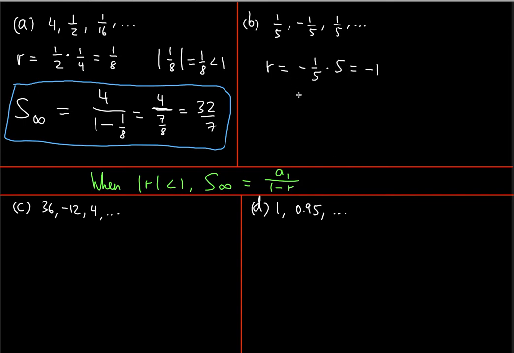Now notice, if we check the condition, the absolute value of -1, because that's the common ratio, is equal to 1. But that is not less than 1, right? 1 is not less than itself. So that is not true. So since the absolute value of the common ratio is not less than 1, you can say safely that this is undefined.